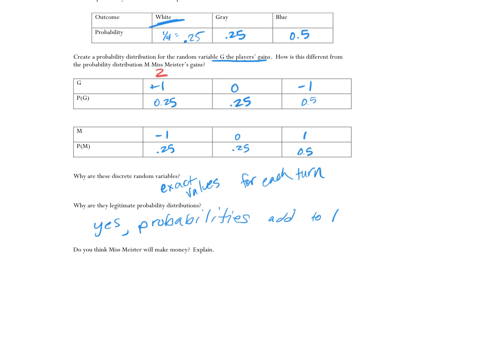1, 2, 3. The 4 of you are going to play this game. You with me? These 4. Macy, you're going to spin a white. So what happened to Meister if we use the $2? Meister loses $2, yeah? Icarus is then going to spin a gray. So when that happens, Meister stays even.